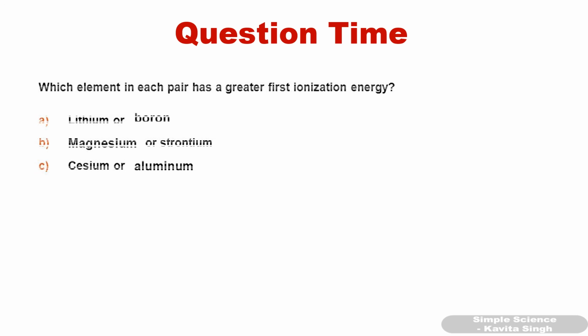One more question. Which element in each pair has a greater ionization energy? Lithium or boron, magnesium or strontium, cesium or aluminium? Just pause the video and find your answer. Tell me your answer and then I will give you the answer. These are the answers, check whether your answer is correct or not.